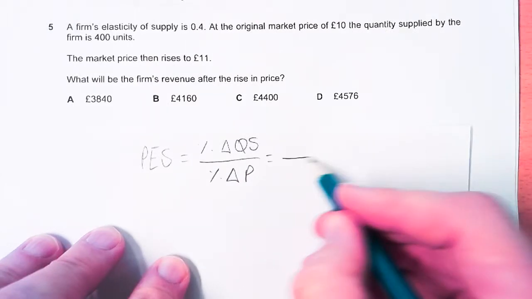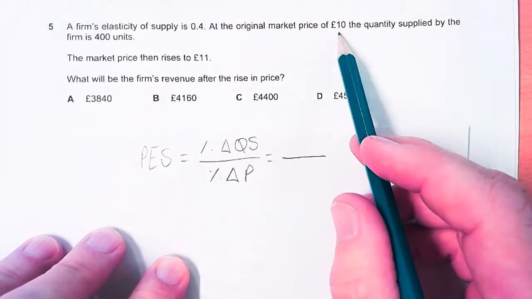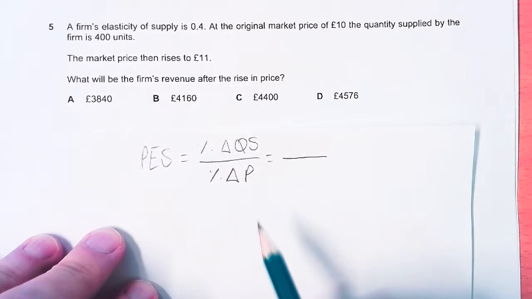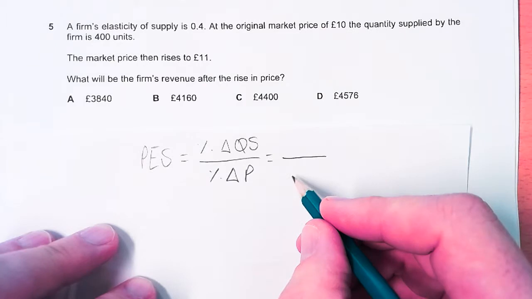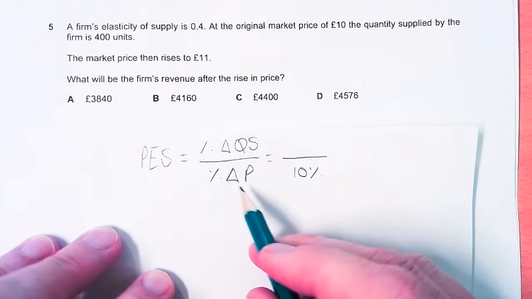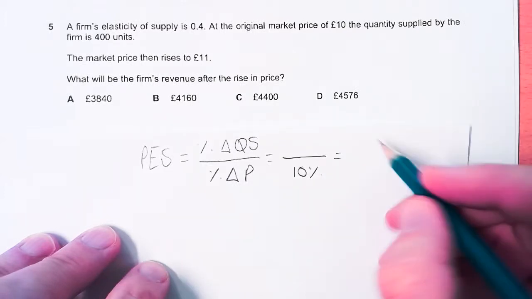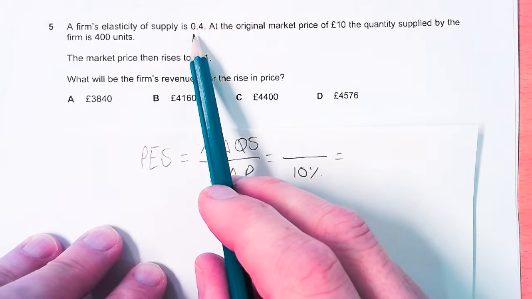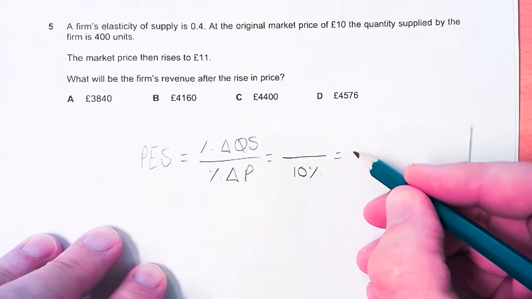Well, we can see it's £10 to £11, so a £1 change out of 10, that's obviously 10%. Okay, so that's a 10% change in price. We know further to that the price elasticity of supply is 0.4. Okay, so we get 0.4 out of this.